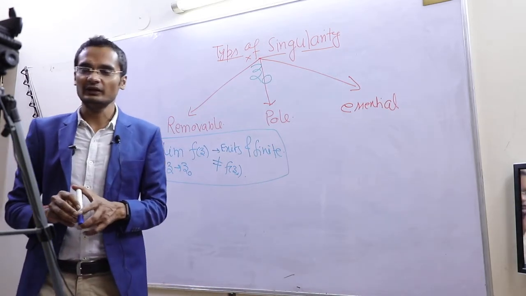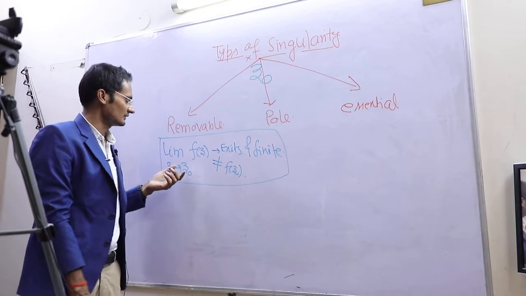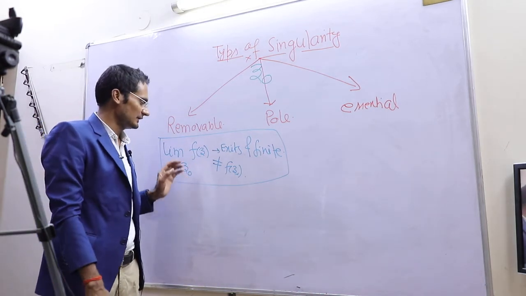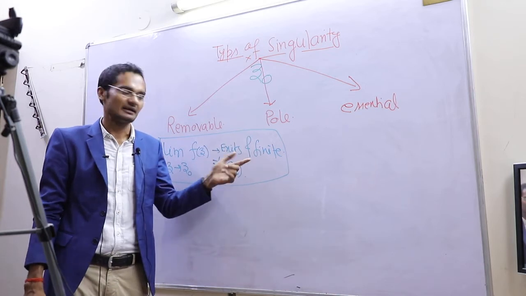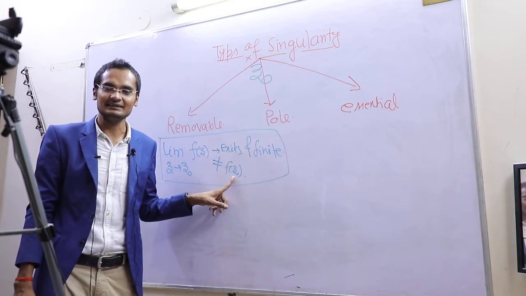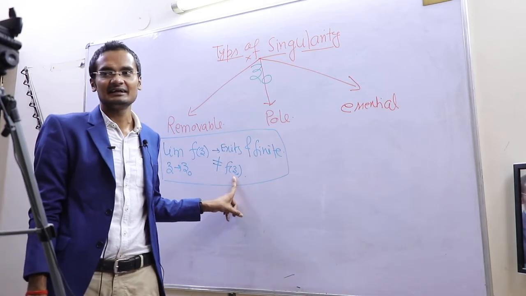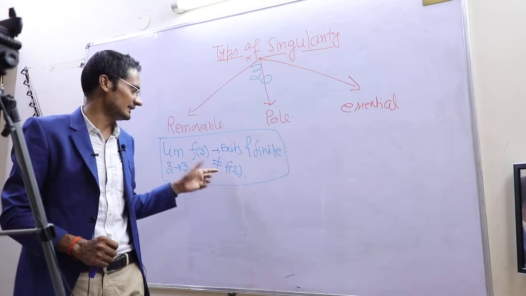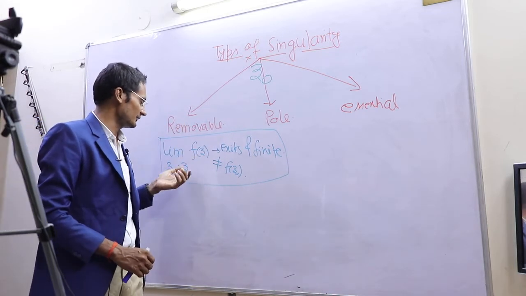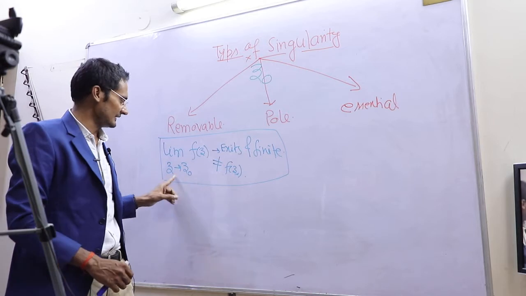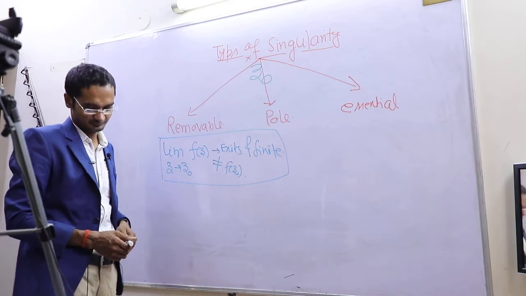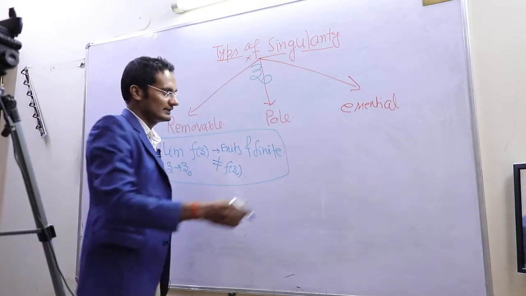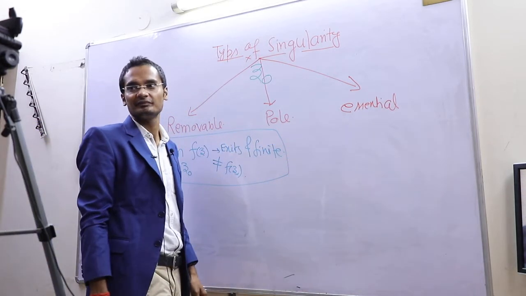If the limit of the function at a particular point z naught exists and is finite, but is not equal to the value of the function, it is a removable discontinuity. So, we say the function has a removable singularity at z equal to z naught. Okay. What is the essential singularity?